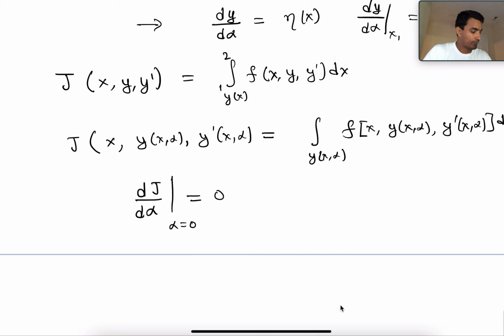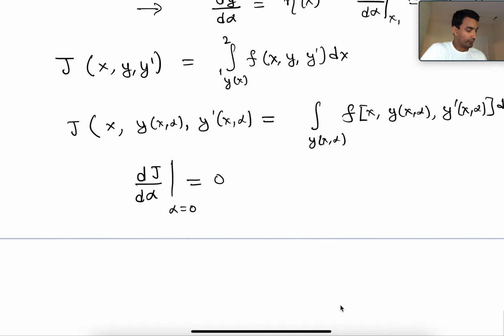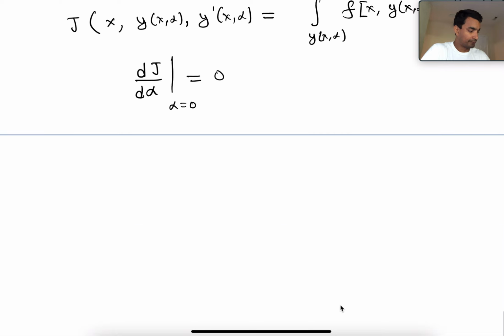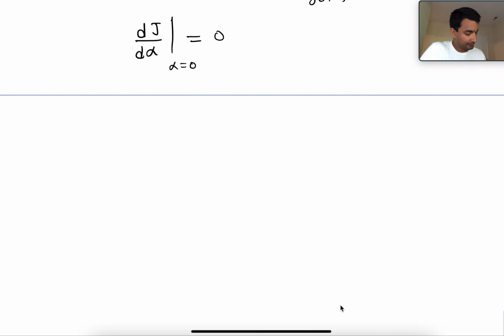Since we are looking for the y of x along which J is an extremum, if we look at the derivative of J with respect to alpha as alpha approaches 0, this quantity must be equal to 0. So we need to find the derivative of J with respect to alpha. That's what we will do next.